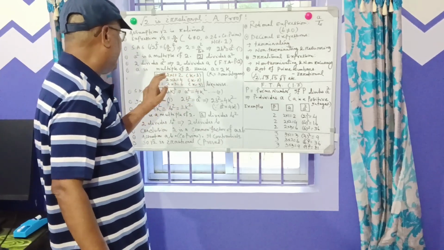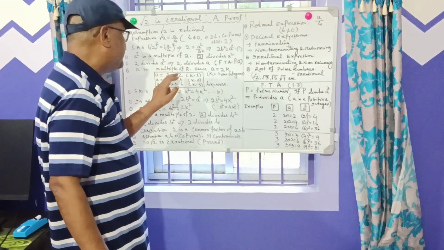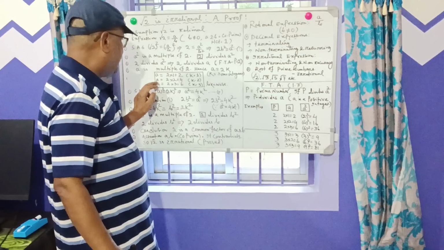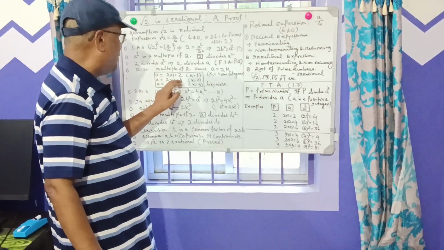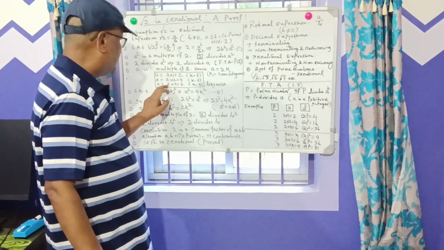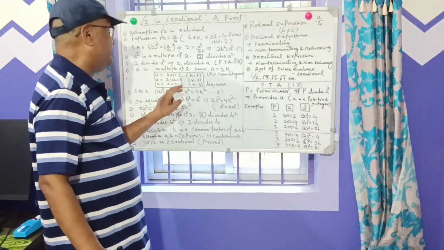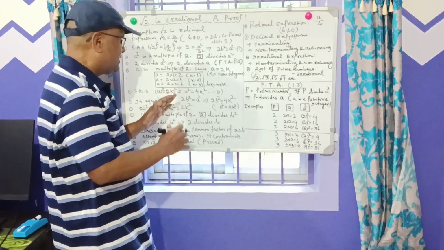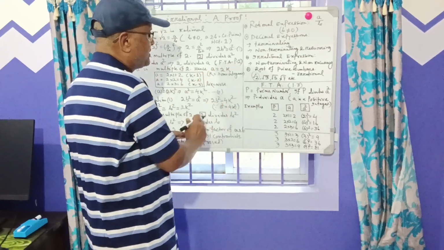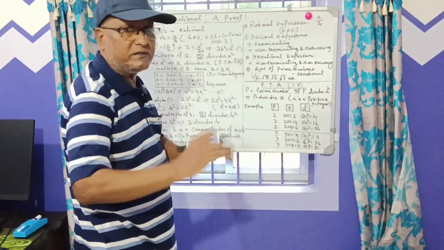So a is divisible by 2. And here a is 2 into 2, 4. a is also divisible by 2. a is 2 multiplied by 3, divisible by 2.